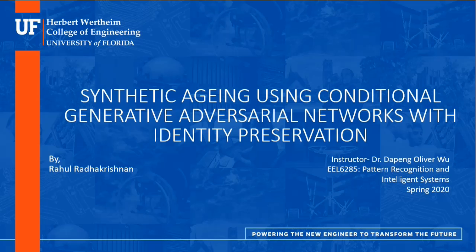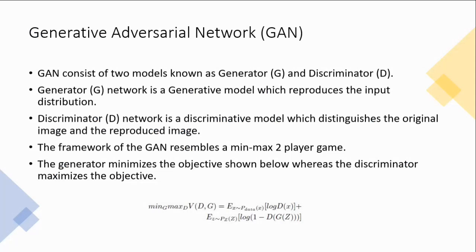To get started off, let us understand the functioning of a generative adversarial network. Generative adversarial networks, otherwise known as GANs, consist of two neural networks, namely a generator and a discriminator. The generator network is responsible for reproducing the input distribution, whereas the discriminator distinguishes between the original image and the reproduced image.